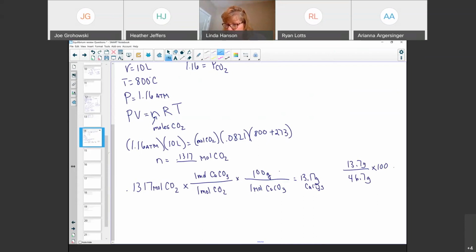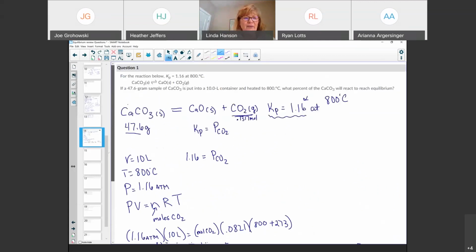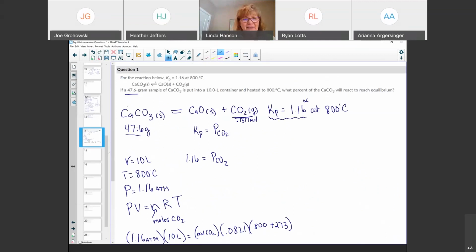So this allowed a ton of review: I had to use stoichiometry, I had to use the gas law, I had to apply equilibrium as well. Let me give you a minute to think this through. I'm going to scroll up so you can see the original question, right? We were given a mass of calcium carbonate. We wanted to know what percent of the mass reacted.